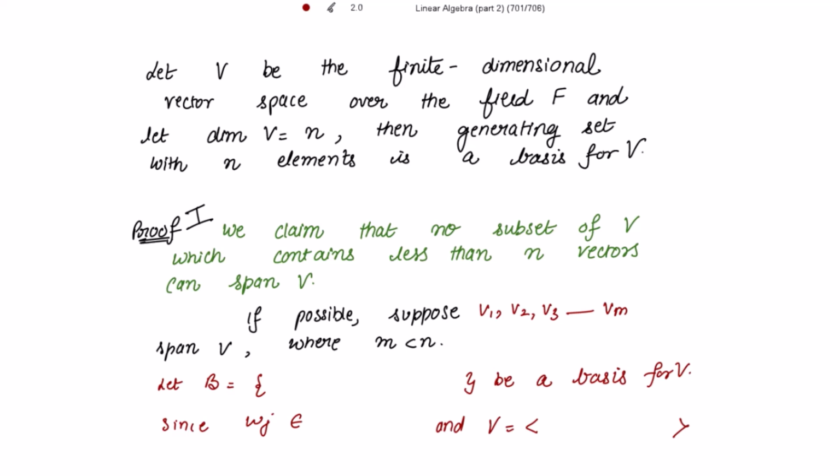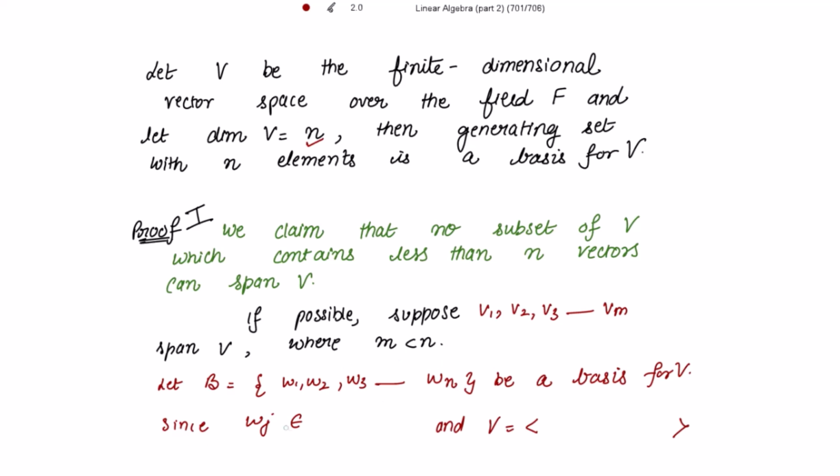Now let B equal W1, W2, W3 up to Wn be a basis for V, because the dimension of V is n, as given here. So we have to write the number of basis vectors as n.